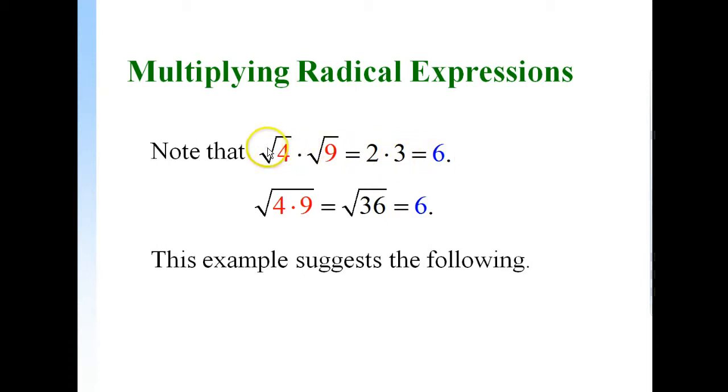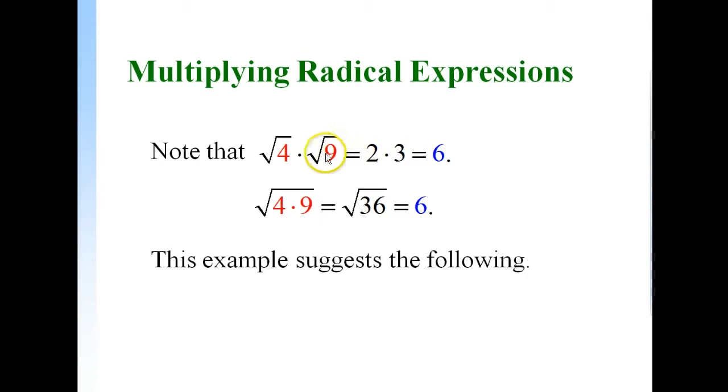Now notice, since this is both square root, our index number is 2. If we put them under a common radical sign, we have 4 times 9 is 36, and the square root of 36 is 6.